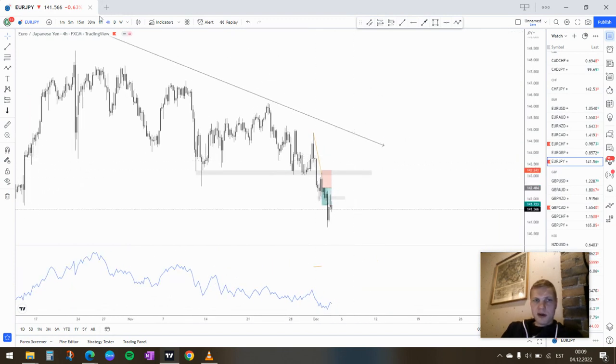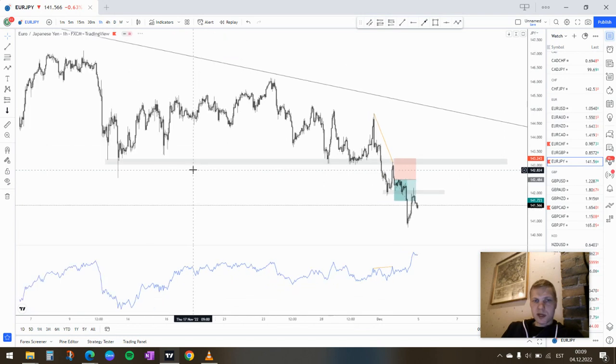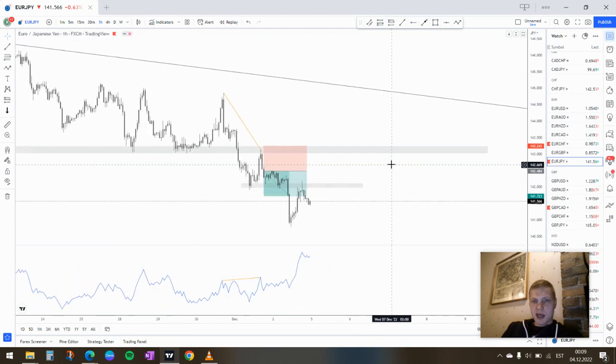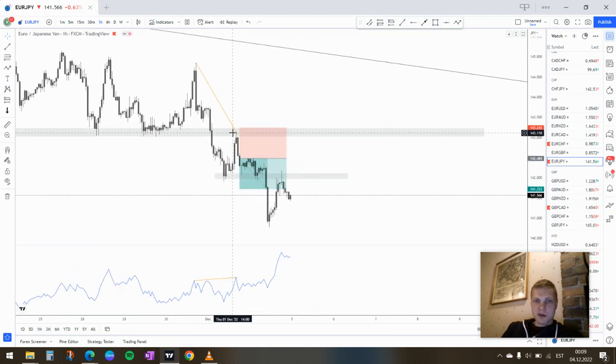There was a clear H1 zone. Price broke it, came back for a retest. I entered after the engulfing candle with a divergence on H1, and it's back down. It would have hit 1 to 2 actually here easily.